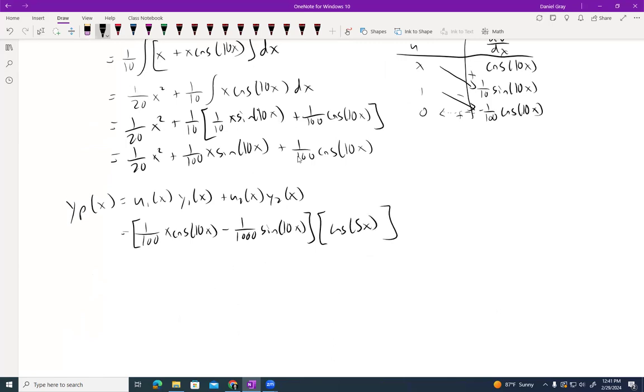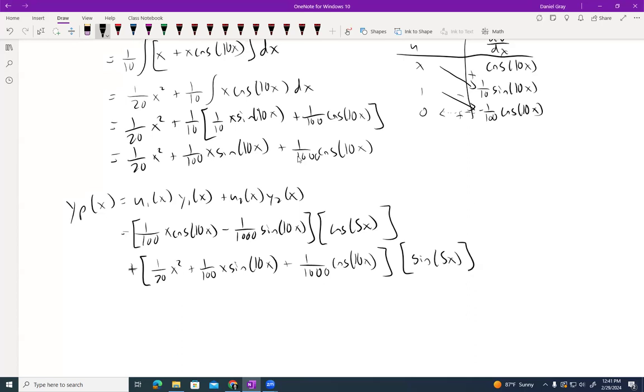Plus, now I'm going to have my u2 here. My u2 is 1 over 20 x squared plus 1 over 100 x sine of 10x, plus, oh sorry, this should be 1 over 1,000 there, cosine of 10x, and then times my y2 of x, which is sine of 5x.